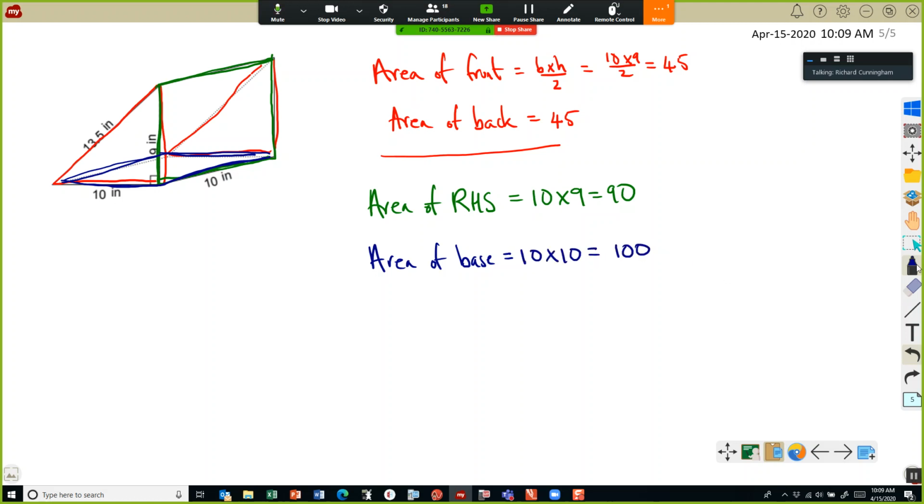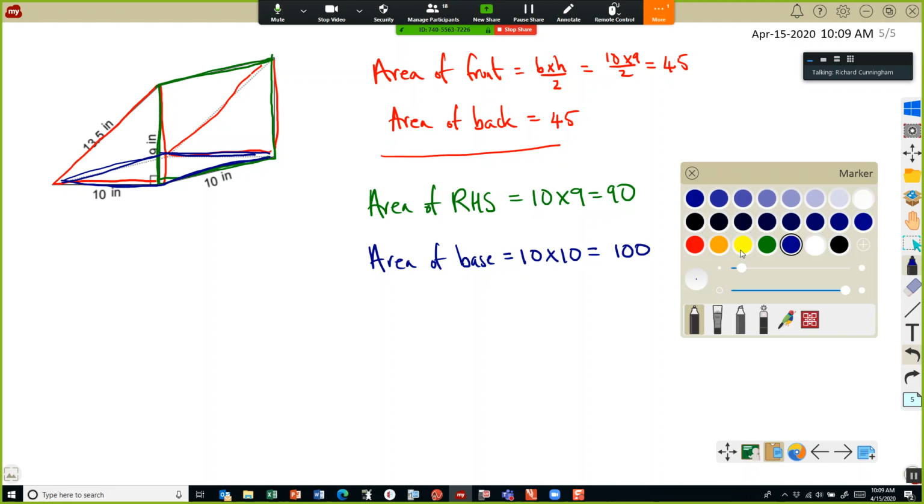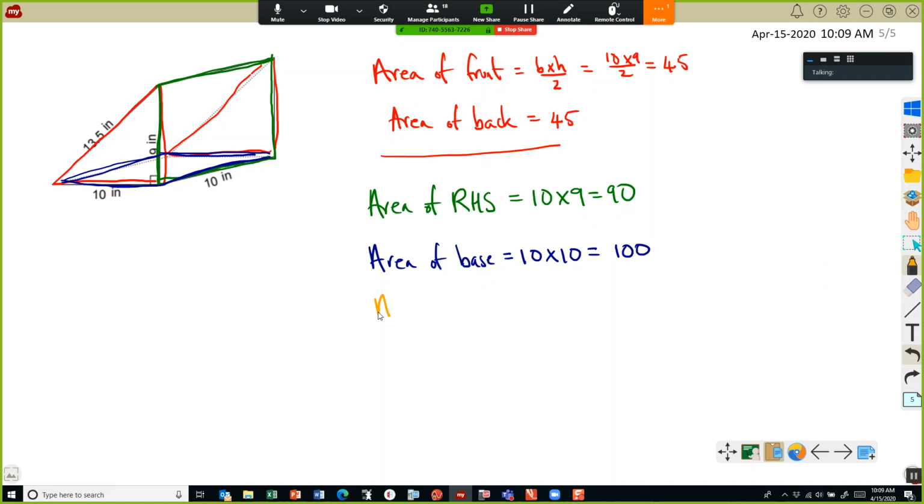And then we've got the last bit, which is the area of the left-hand side. So unfortunately, it's a bit of a long process. So the last bit is the area of this face. Okay, how can we work that out? So what's the area of the yellow part? How are we going to work that?